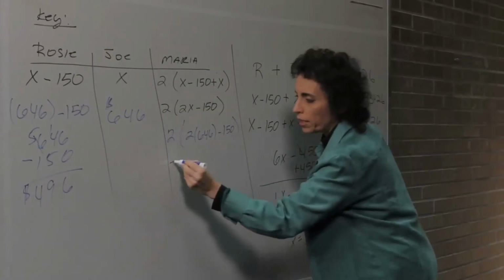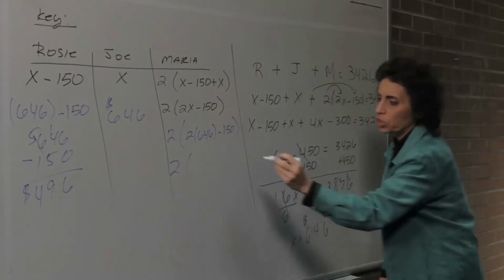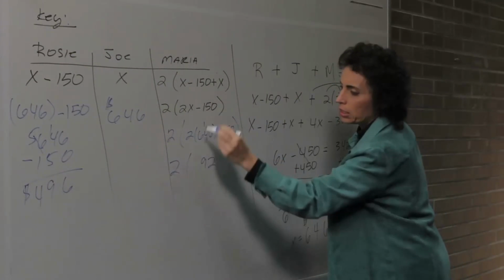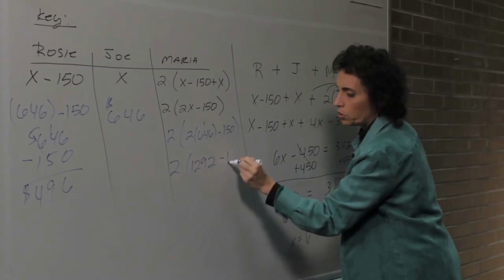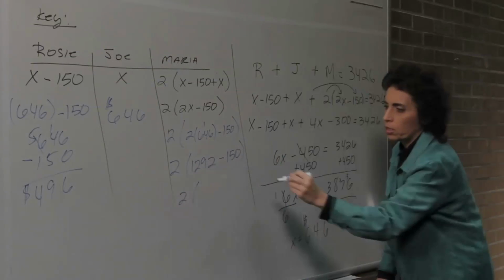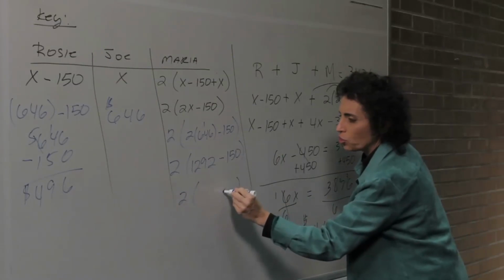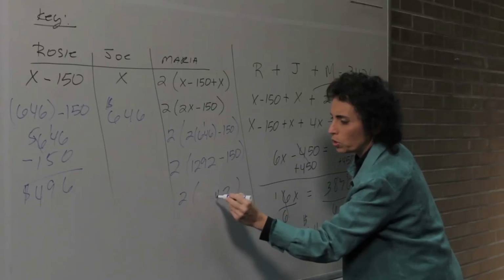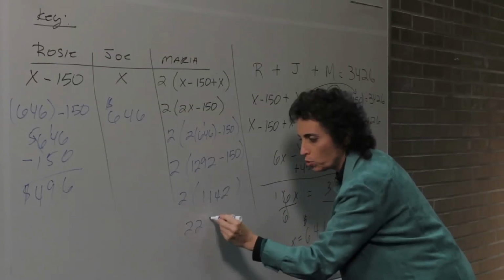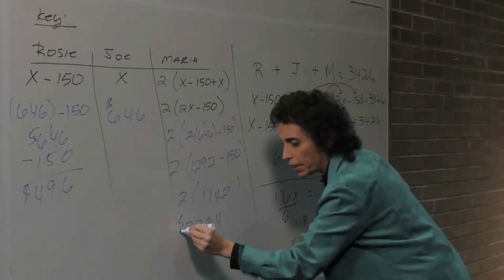It's going to be a little annoying, but we can do it. 2 times 646 is 1292, minus 150. That's 1142. Multiplied by 2, 2284. I hope I did that right in my head.